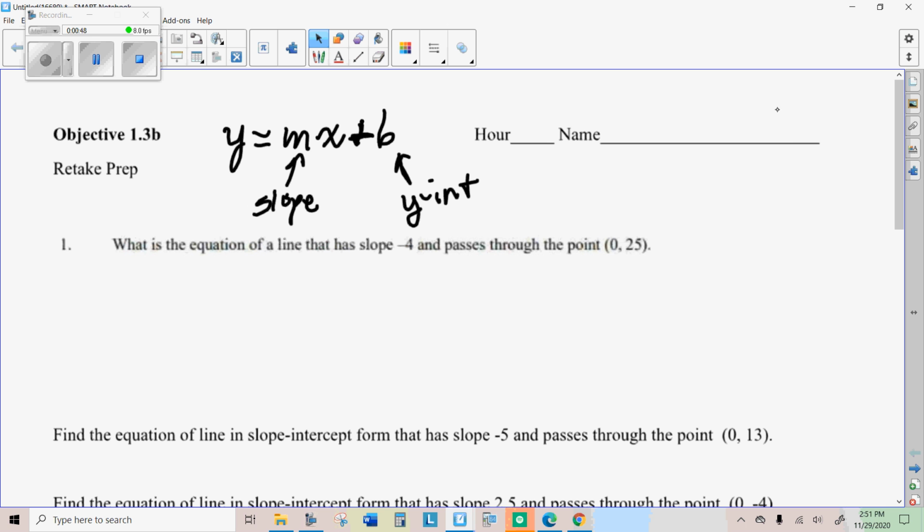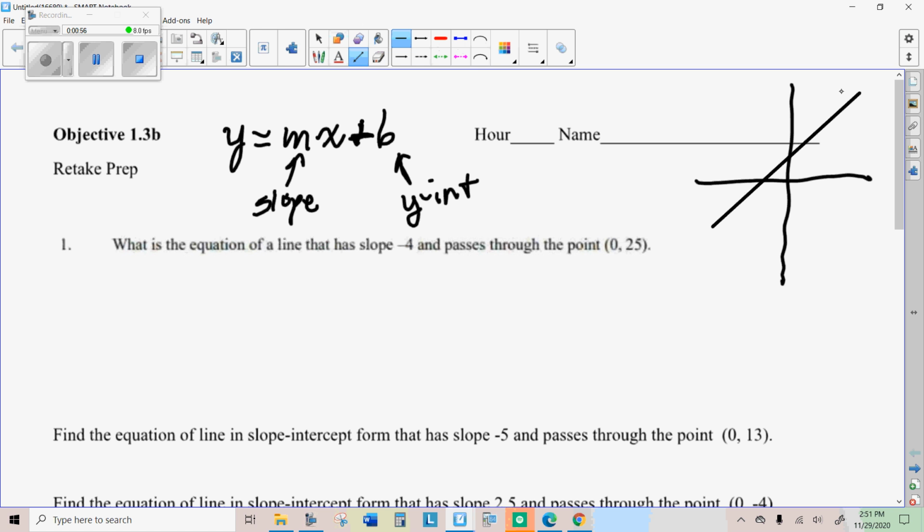Now, just a quick review of what the slope is for a line. So let's say we have some line on a graph like that. And the slope, remember, is like the rate this line is going up. Sometimes we find it by doing rise over run.